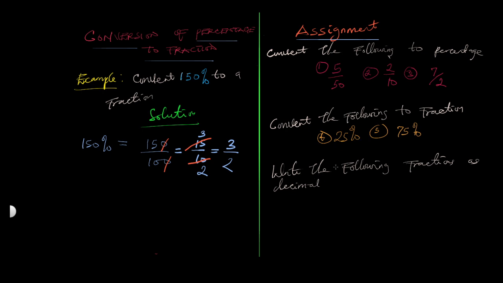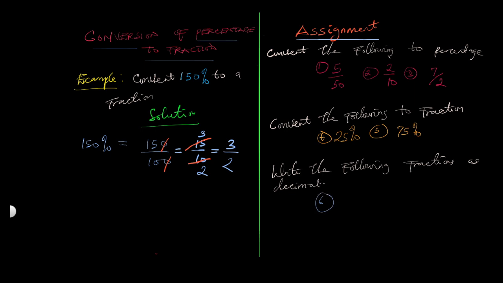Please, what's number one? I can't go back. Zoom your screen and you see it. Number 1 is to convert the following to percentage. Okay, write the following as fraction, that's question number 6 and 7. That is question 6.